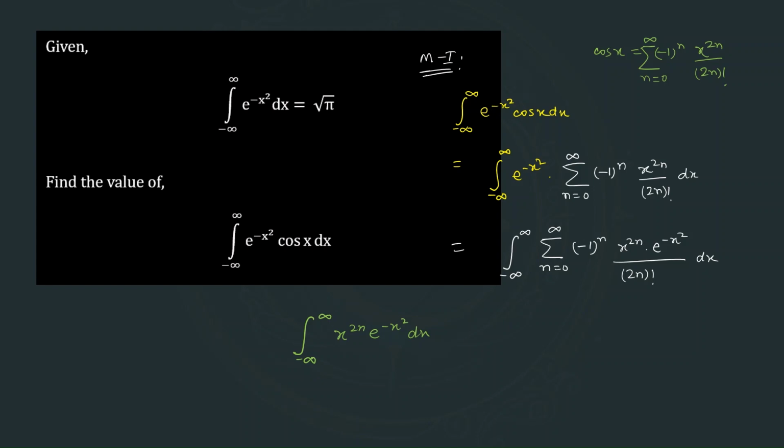But we can think of this intuitively: this e to the power minus x square term will prevent this x to the power 2n term from growing exceptionally big. That means at one time the function will converge to 0 for x tending to infinity. So this integral will be convergent.